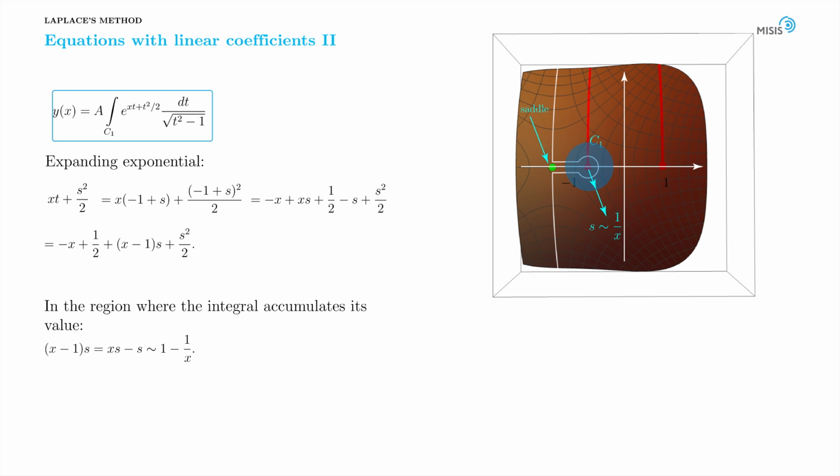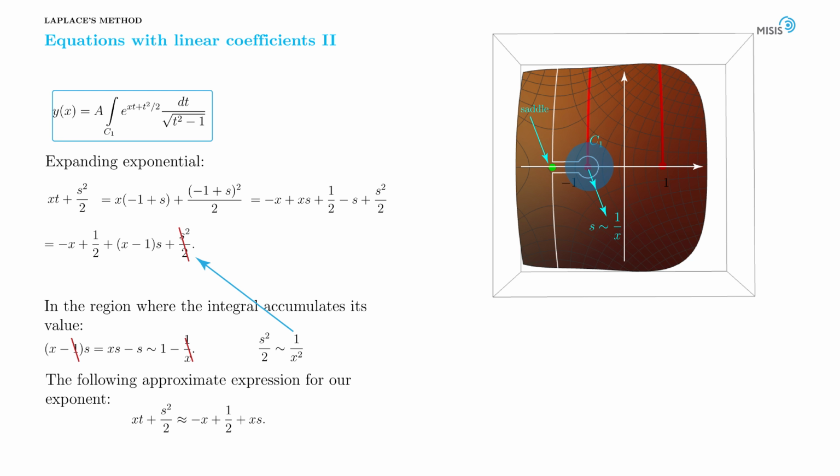So in the region where the integral accumulates its value, x minus 1 times s is of the order of 1 minus 1 over s. And we discard 1 compared to x in the 1 minus x factor. And of course, s squared over 2 is of the order of 1 over x squared and can be omitted as well. Thus, we have the following approximate expression for our exponent.